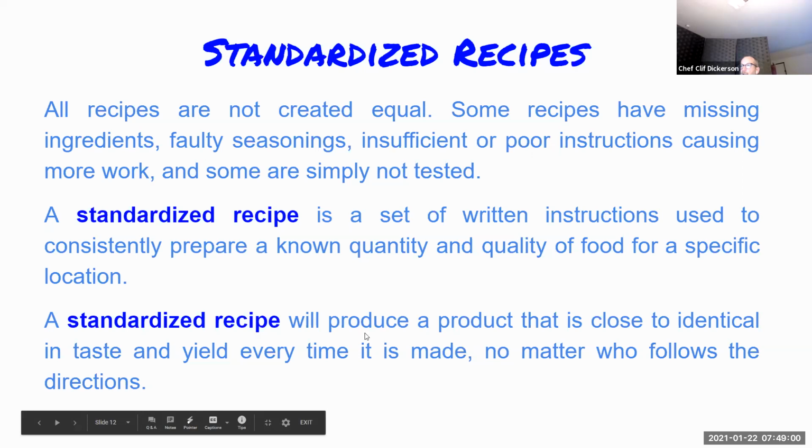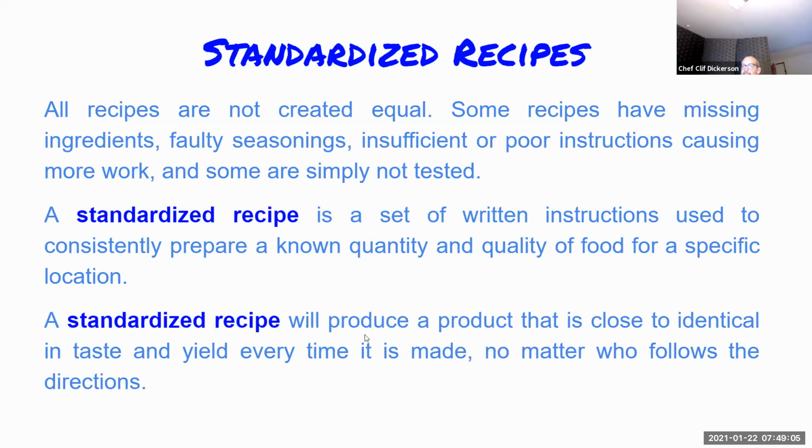But no matter what, you need to be specific in what needs to happen, because that employee, if this is the standardized recipe, is going to read it verbatim and do exactly what it says.